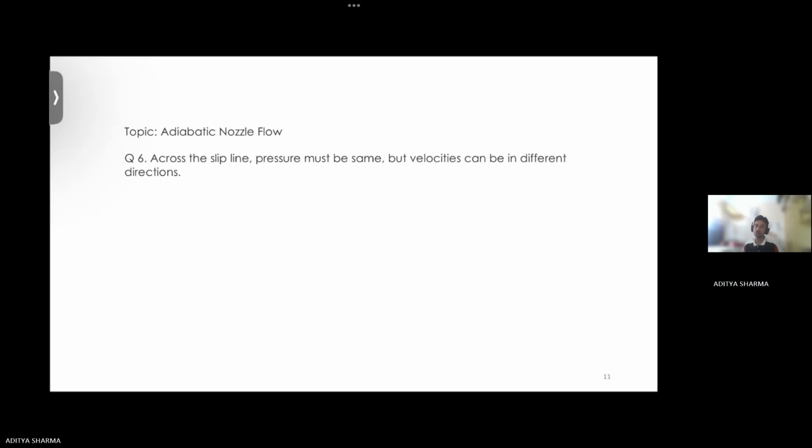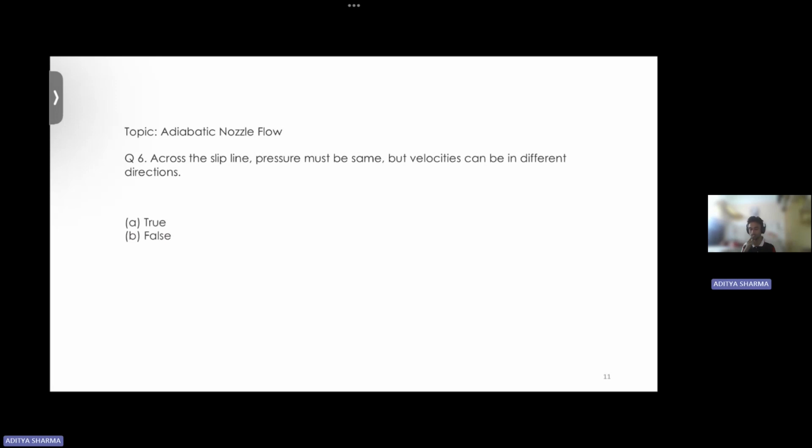Velocities are along the slip line and in the same direction on both sides of the slip line, and the static pressures are also the same across the slip line.